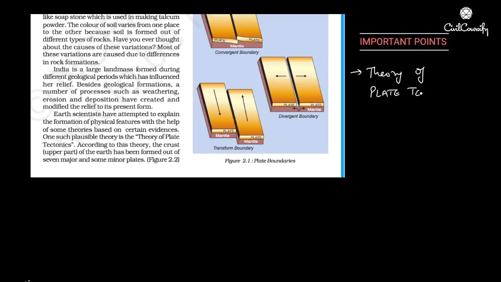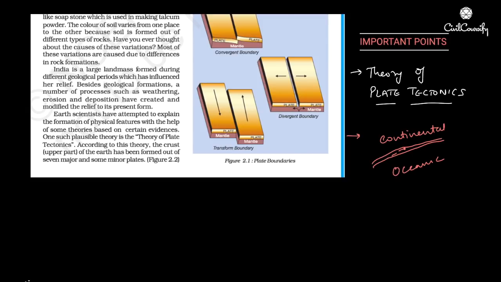So it is really important as there are several plates in the entire world, and the movement of these plates, oceanic plates and the continental plates. If we look at these plates, these are nothing but fractures in the Earth's crust. Let's say this is a fracture, this is a continental plate and this is an oceanic plate.